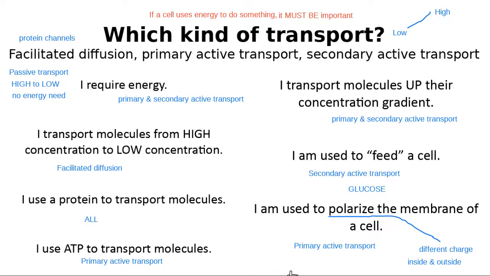Yeah, so we started with our chemically gated channels with the neurotransmitters, and then we open up the voltage gated channels. When we're talking about these channel proteins, what kind of transport uses channel proteins?